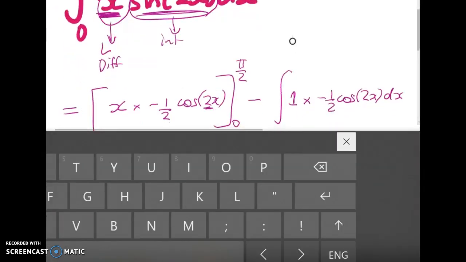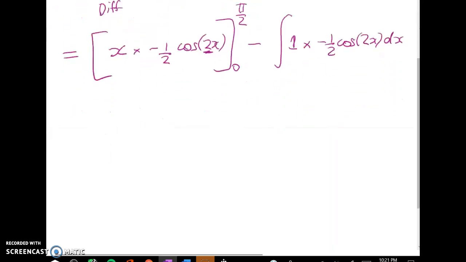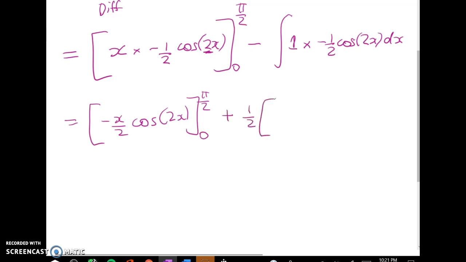Now, cleaning that up, what do we get? I'm going to do all of the work first before I start doing anything. So we get negative x on 2 cos of 2x from pi on 2 to 0, plus 1/2 times, so what I've done here is that's that negative and this negative, that gives me the plus, and I'll take the constant out the front.